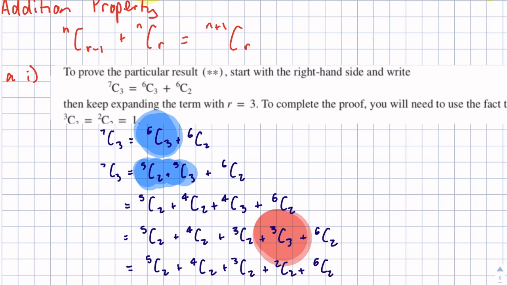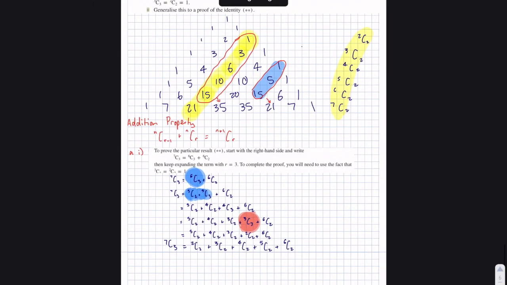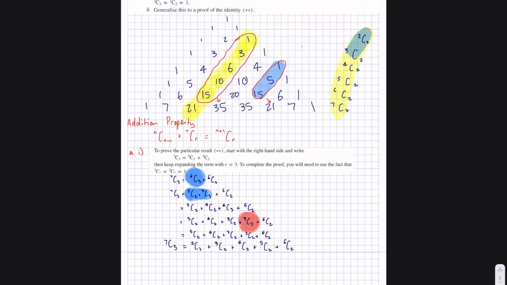So 7C3 equals 2C2 plus 3C2 plus 4C2 plus 5C2 plus 6C2, all the ones working their way up in that column until I finally got to 7C3, which was the 35.